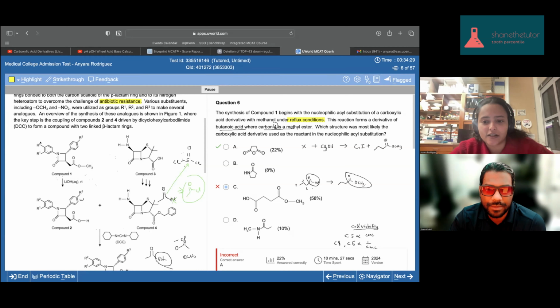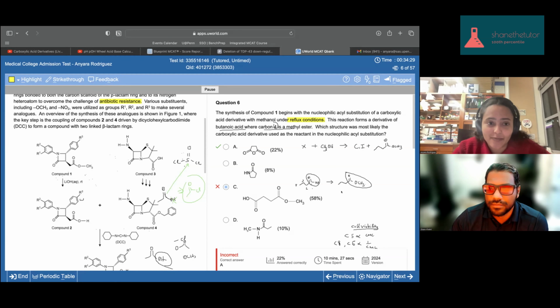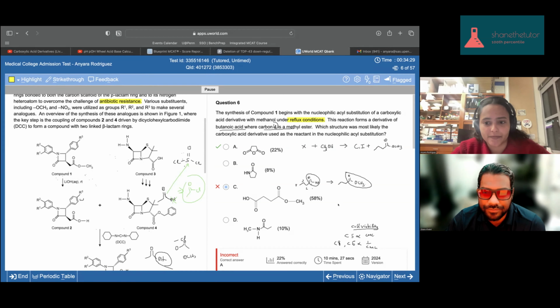The products are compound one and the methyl butanoate. So my question is whether the product of that reaction is compound one and this, or this then becomes compound one. Yeah, it's compound one plus that. Okay.